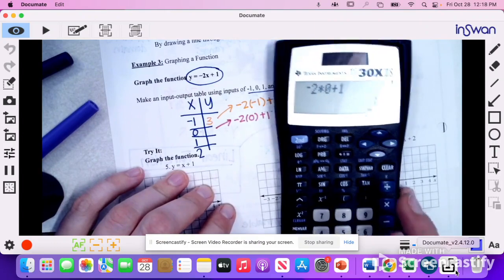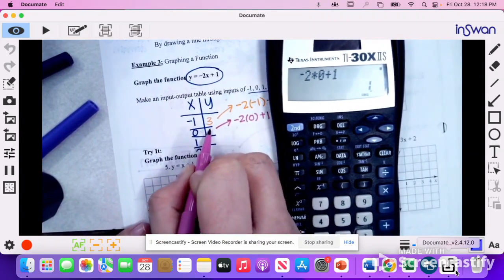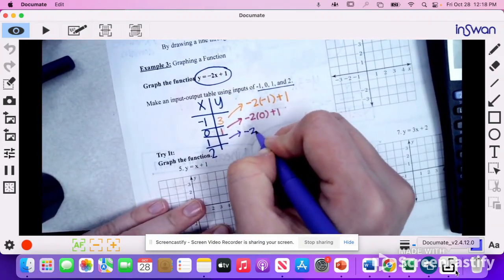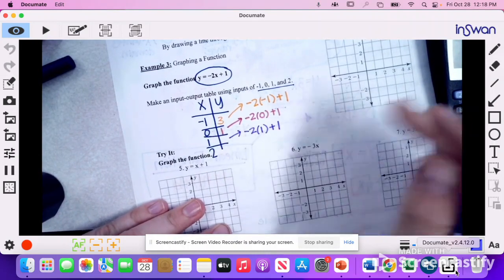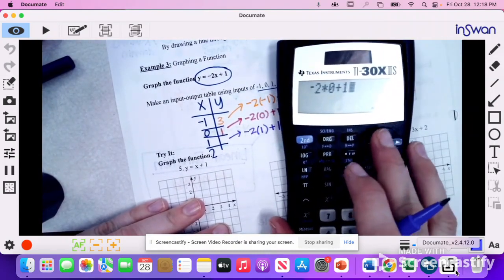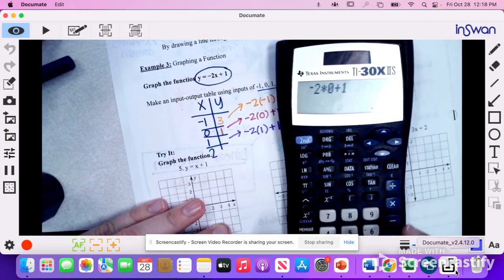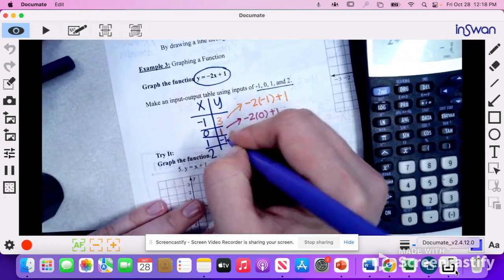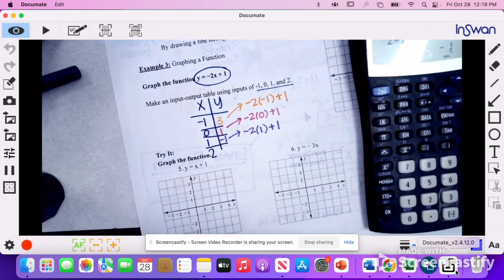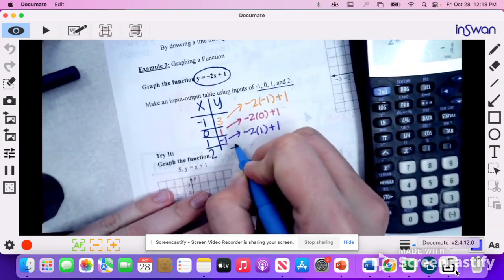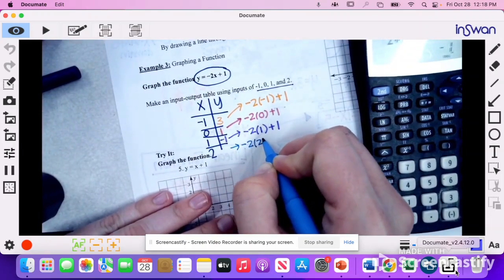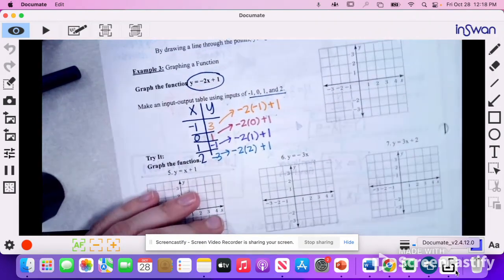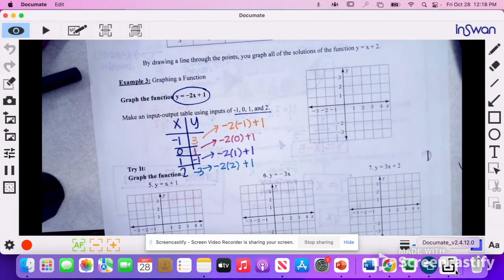Negative 2 times 0 plus 1 gives me 1. Negative 2 times 1 plus 1 gives me negative 1. And then the last one, negative 2 times 2 plus 1, it's negative 3. Yep. Okay, let's take this function, let's graph it.